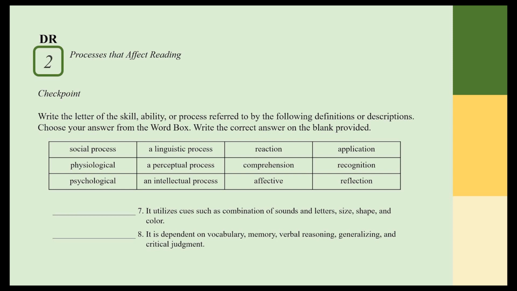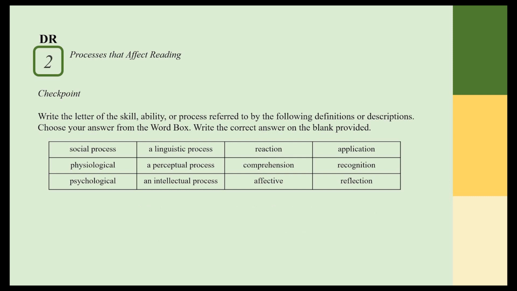If you're still answering these items, you can pause this video. But if you're done, let's now proceed with the last two items, items number 9 and 10. For item number 9, it requires sound symbol relationships, understanding of intonation, stress, rhythm, and tone sequences.